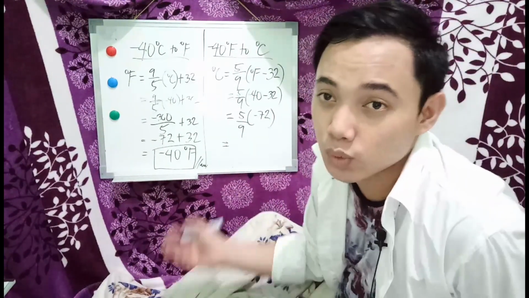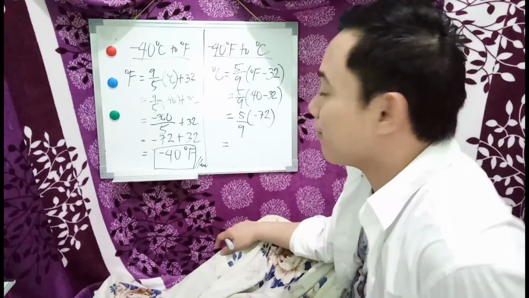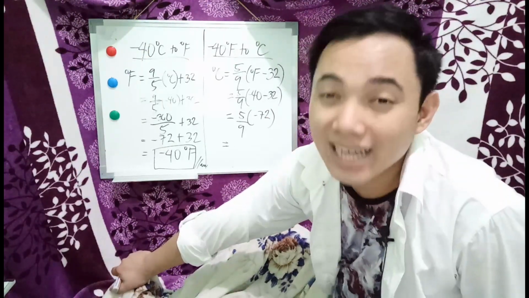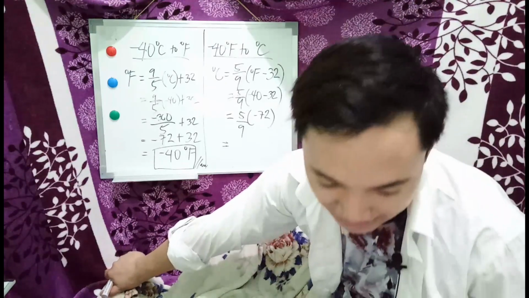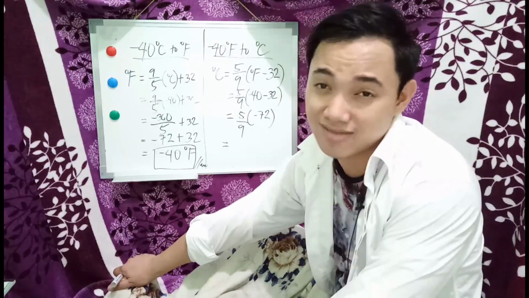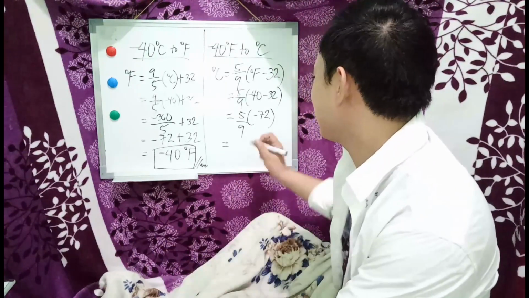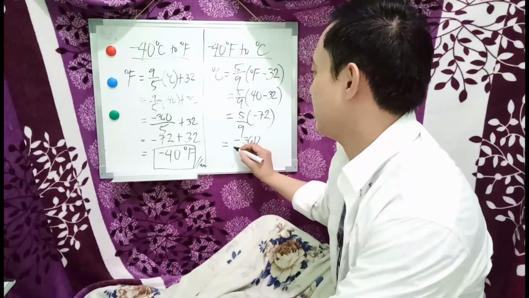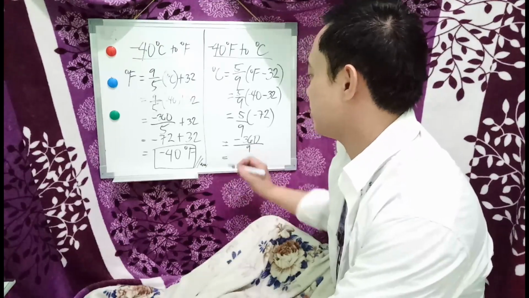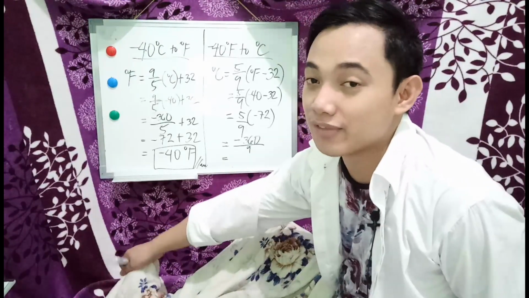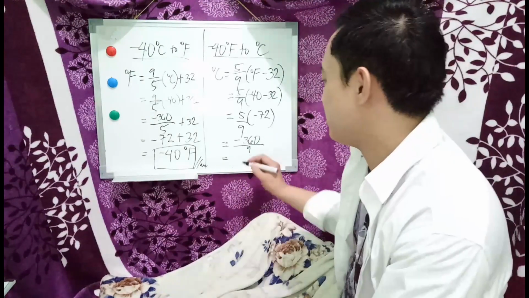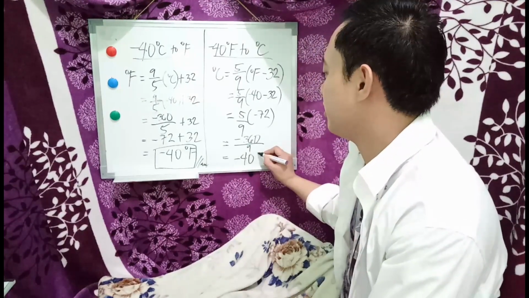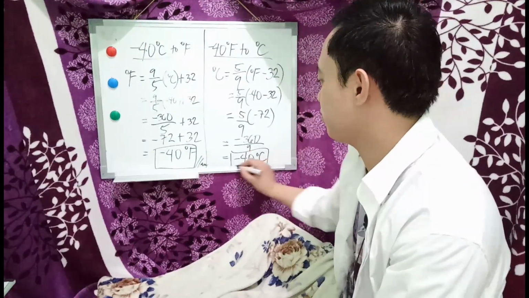So, negative 72 times 5 is equivalent to negative 360. Negative 360? Are you sure? So, negative 360 divided by 9 is negative 40. So, negative 40 degree Celsius.